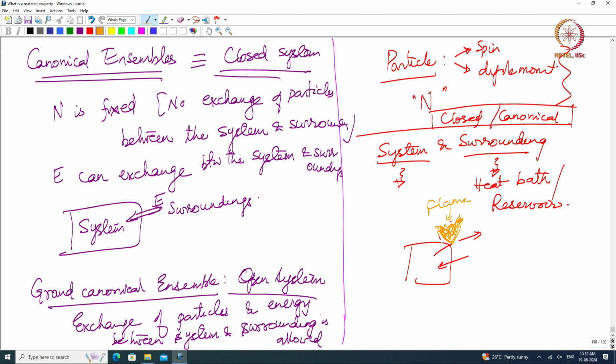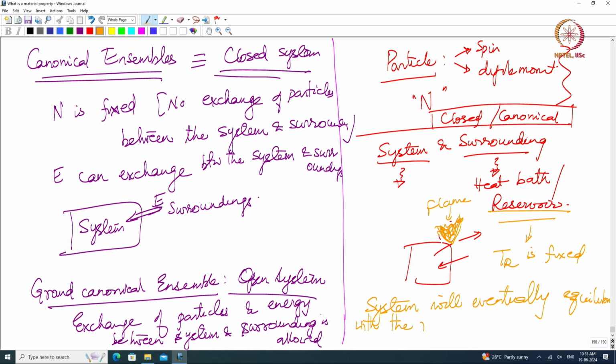So some sort of heat exchange between system and surrounding, but I am going to assume that if surrounding is a reservoir, the temperature of the reservoir is fixed, right. The system would try to come to equilibrium, system will eventually equilibrate with the reservoir without really disturbing the temperature of the reservoir.